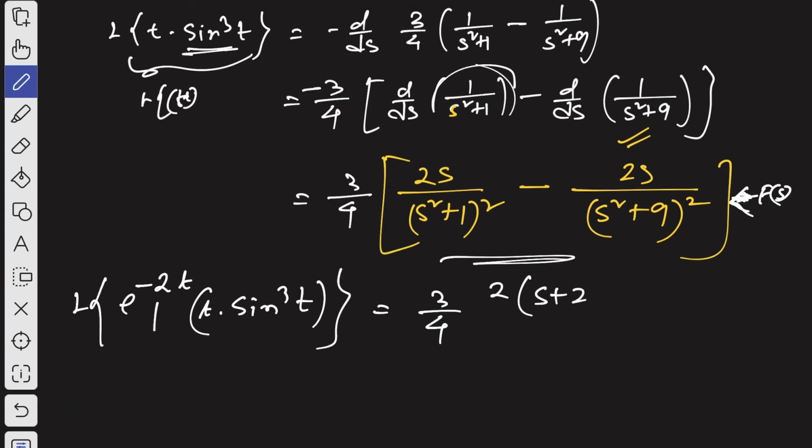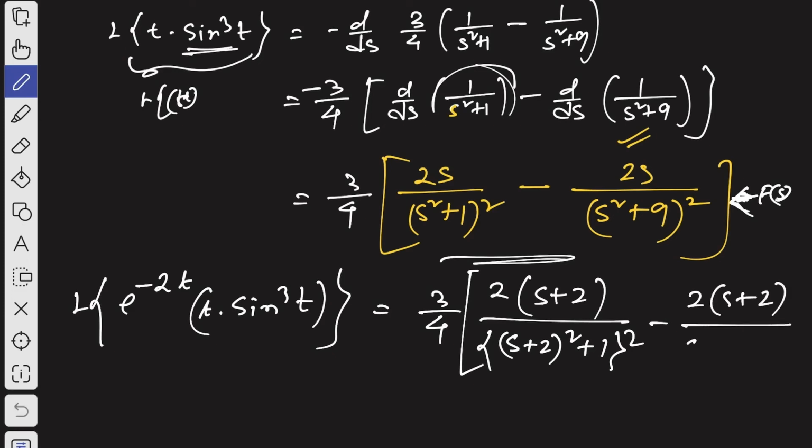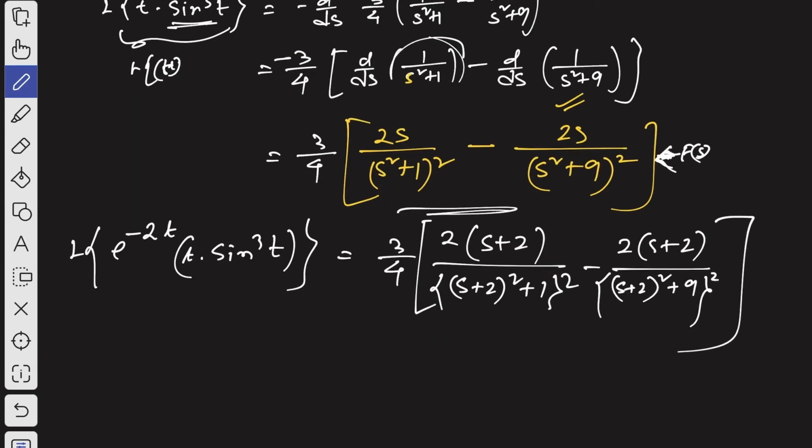So here a is minus 2, by s plus 2 whole square plus 1, again whole square, minus 2 into again s plus 2 by s plus 2 whole square plus 9 again whole square. So we will get this.